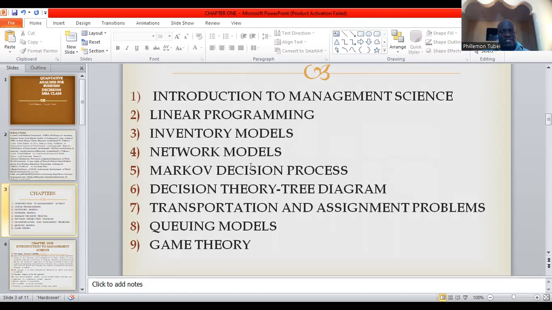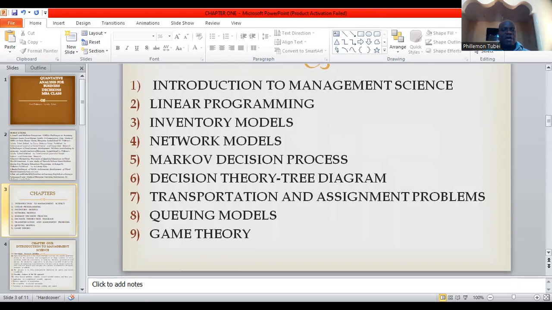Then topic 5, we shall be looking at the Markov decision process. Those of you who are aware of Markovian theory, the Markovian model, we use a transition matrix to calculate the shifting loyalty of consumers from seller A to seller B, from seller B to seller A, or even production.